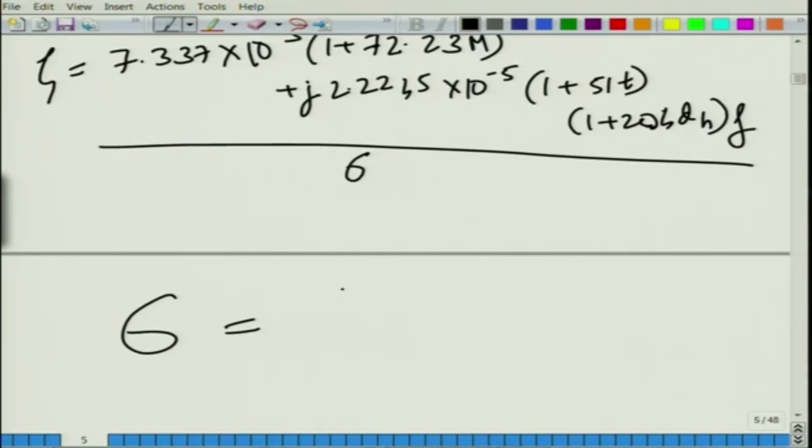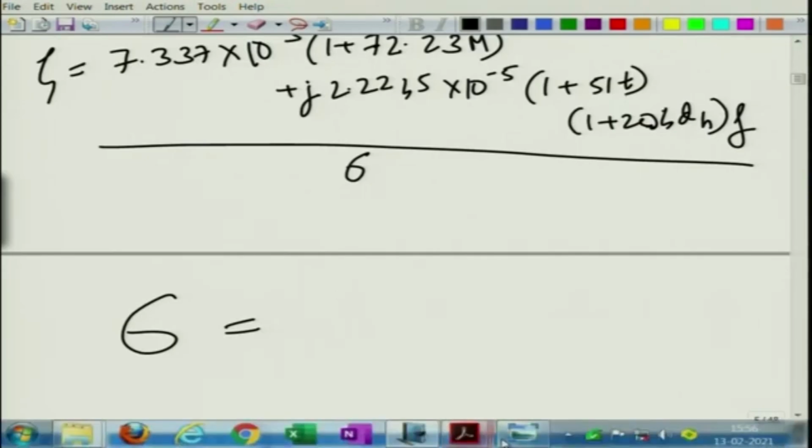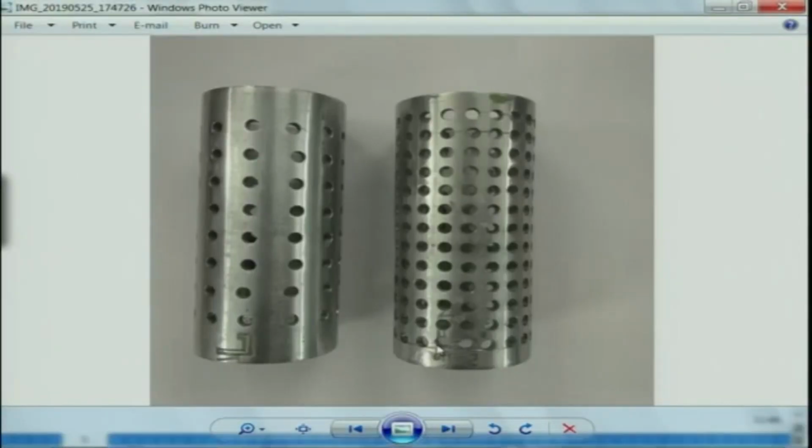Let us say, if you go back to this figure, the total area of holes is the area of one hole, with diameter dh, so pi dh square by 4, times nh, the total number of holes. You can have an equal number of holes per ring, say m rings and n holes in one ring, or you can have different configurations.